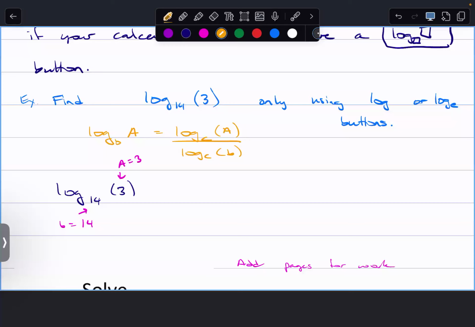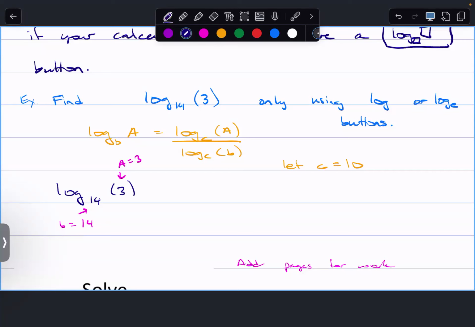Should we spice things up and use log base 10? Why not? Let c be 10. Because you have an ln button, that might be the easier choice, but it doesn't matter. We'll find the same answer.